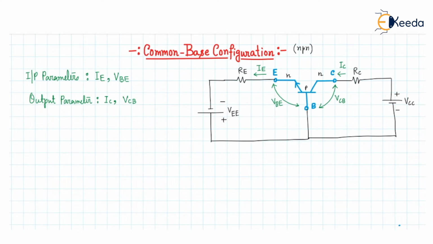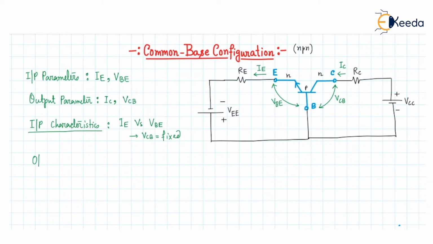Now, if we want to find the input characteristics, then we have to plot IE versus the VBE potential when the VCB voltage is fixed.